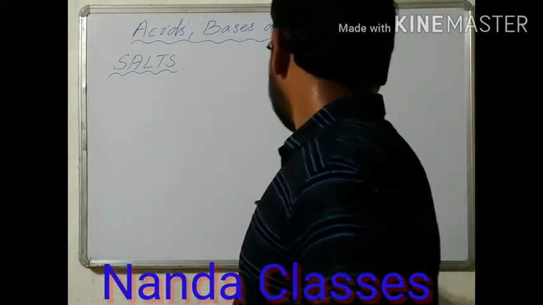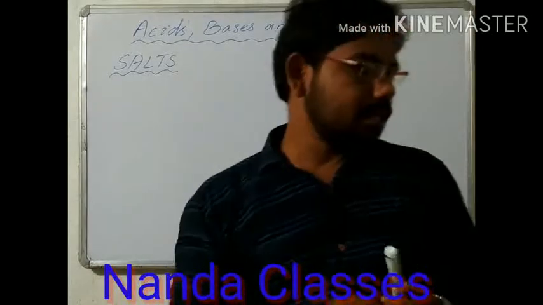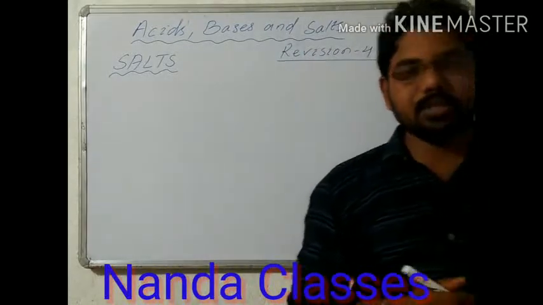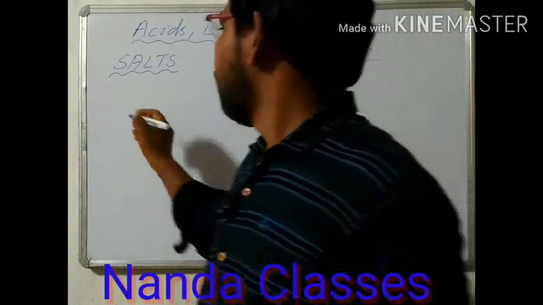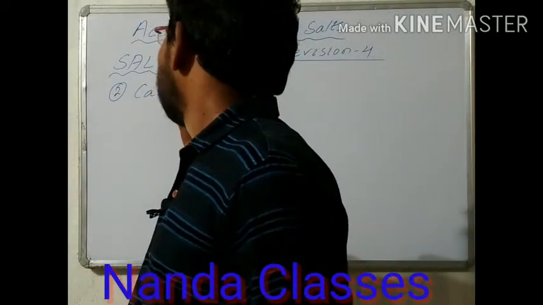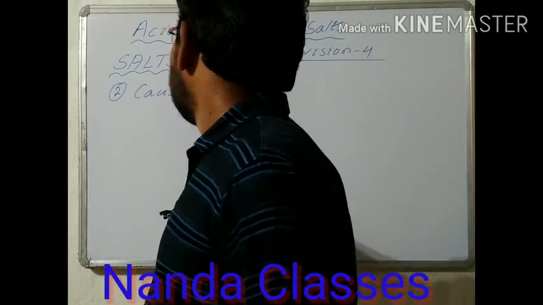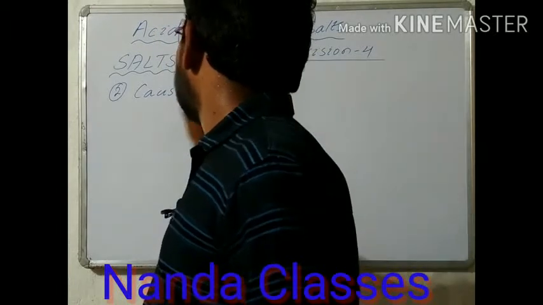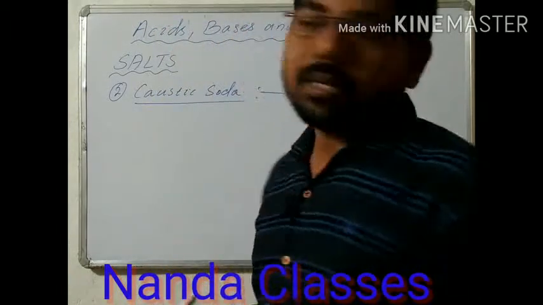The second type of salt we discuss now is caustic soda. What is caustic soda? Its chemical name is sodium hydroxide, and the formula is NaOH.